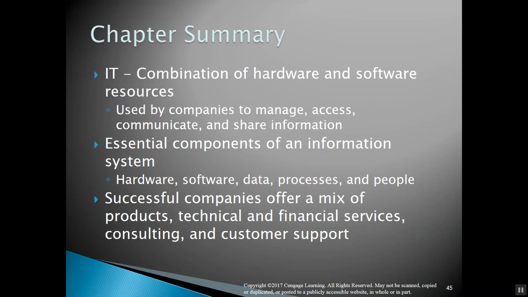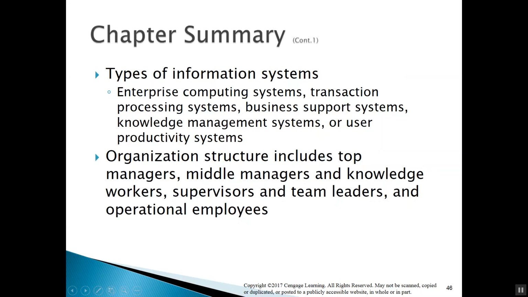In IT, we've got a combination of hardware and software resources that make up information technology, used by companies to manage, access, communicate, and share information. We make better decisions when we are informed, when we have information. Types of information systems are enterprise computing systems, transaction processing systems, business support systems, knowledge management systems, or user productivity systems.